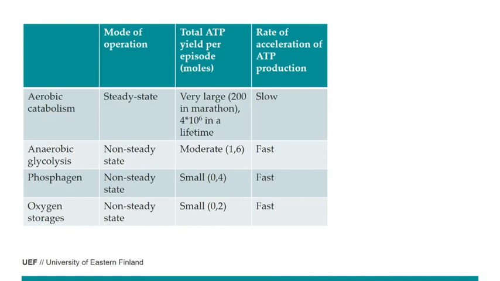So it's a very slow process to have more mitochondria in your cells. It doesn't happen in just a few minutes. But anaerobic glycolysis, phosphagens or oxygen storages are things that we can do quite fast.